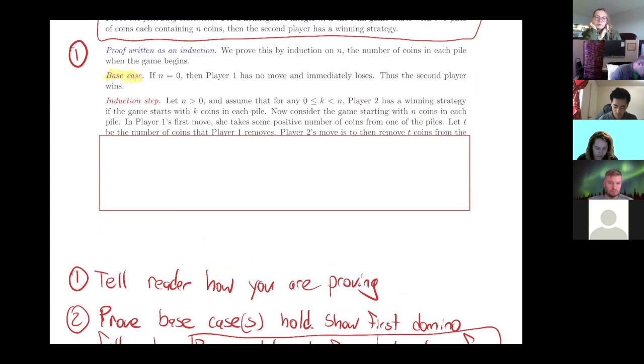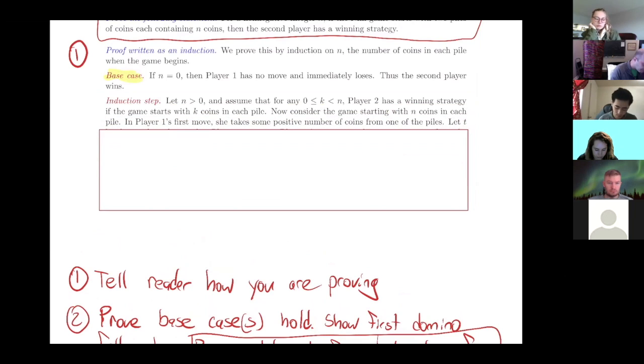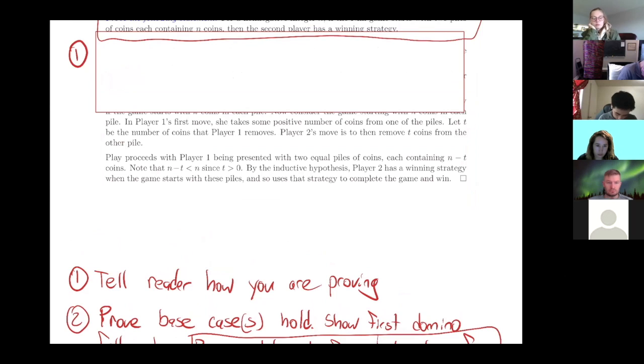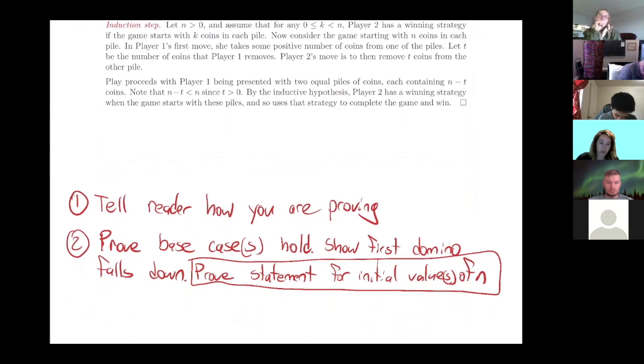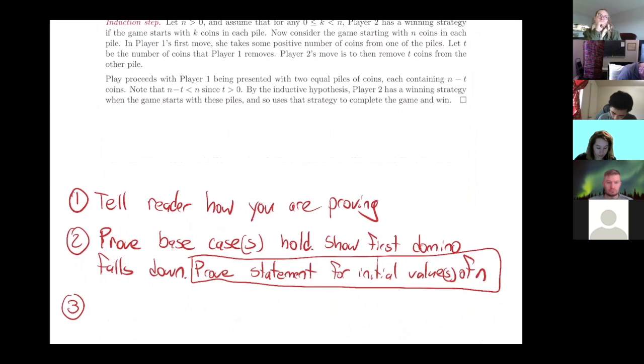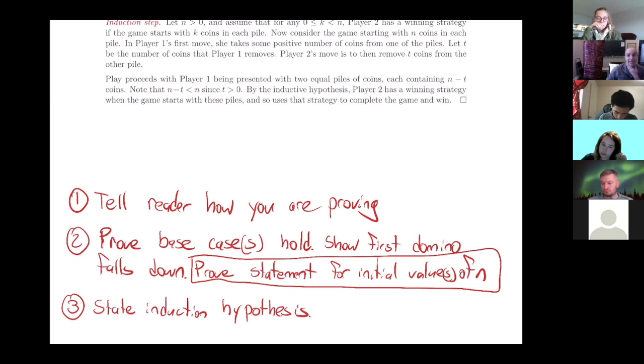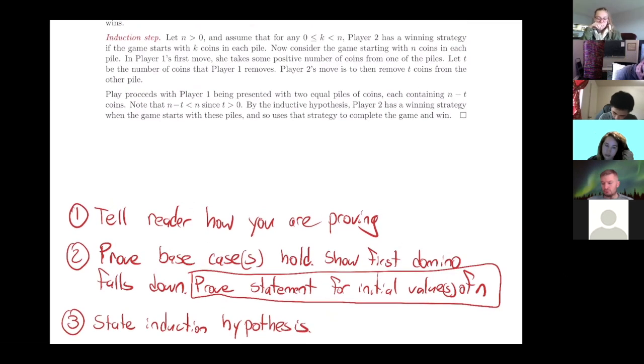And then we've got the induction step. So what's important in this induction step, again, really important that we label that step, is we want to state the induction hypothesis.